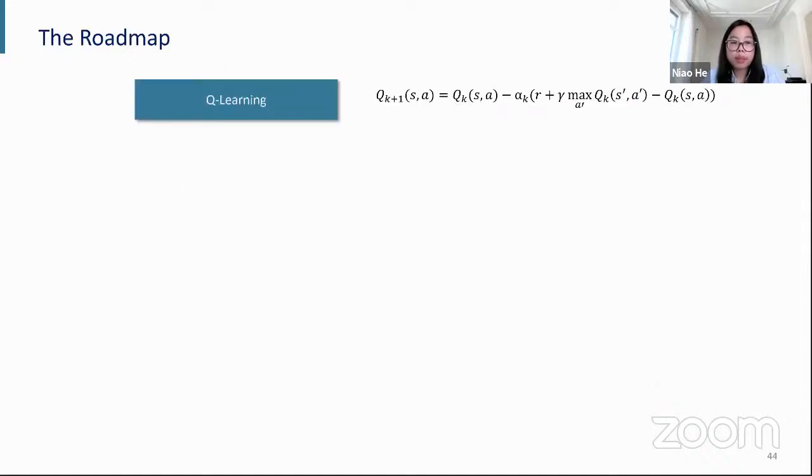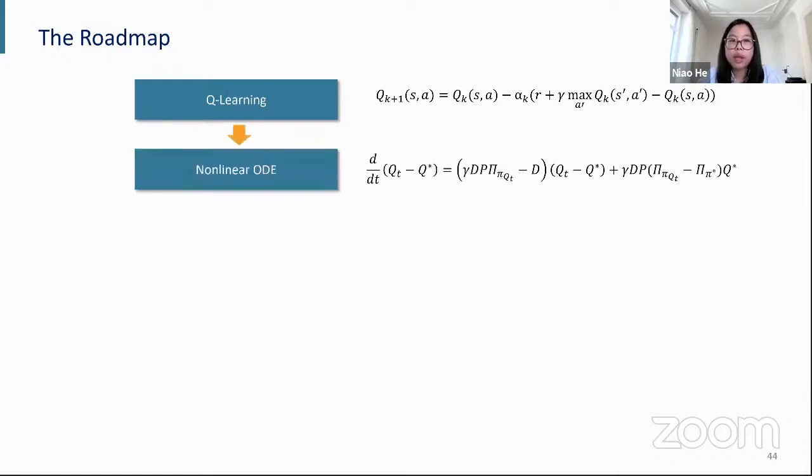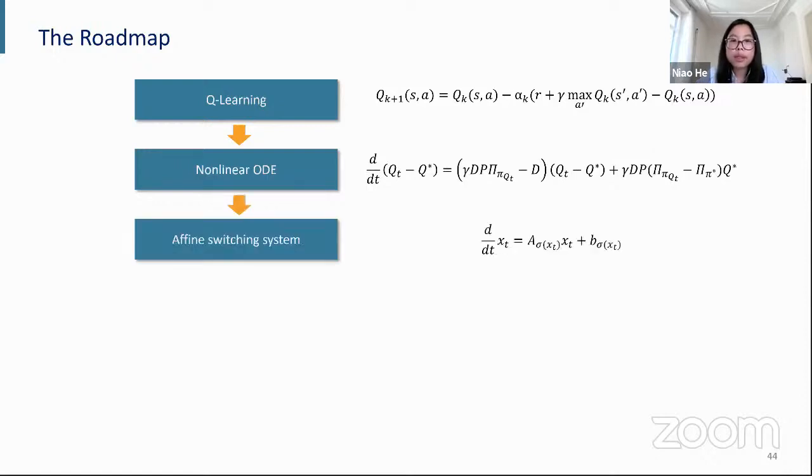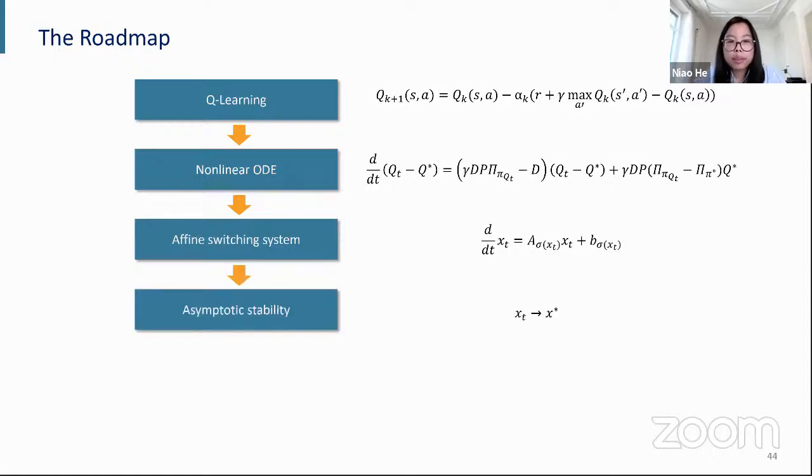So this basically summarizes the roadmap for how you can establish convergence of reinforcement learning algorithms, right? You start with some algorithm, let's say Q-learning, and you write down the underlying ODE system for it in the steady state, and you try to understand the asymptotic stability behavior of this underlying ODE system.